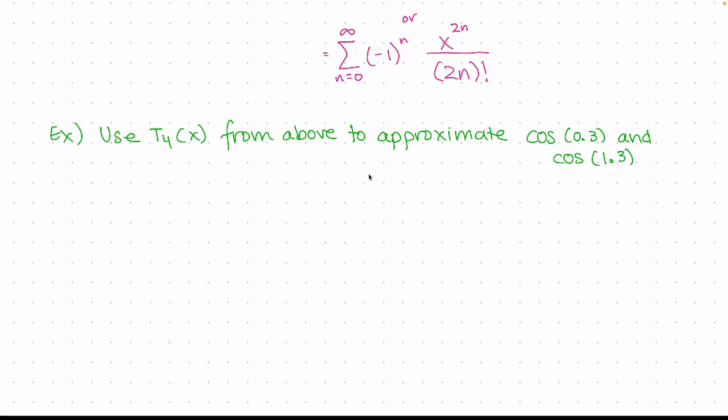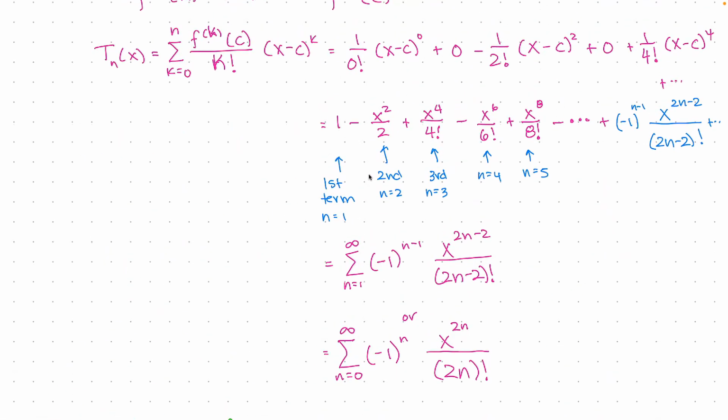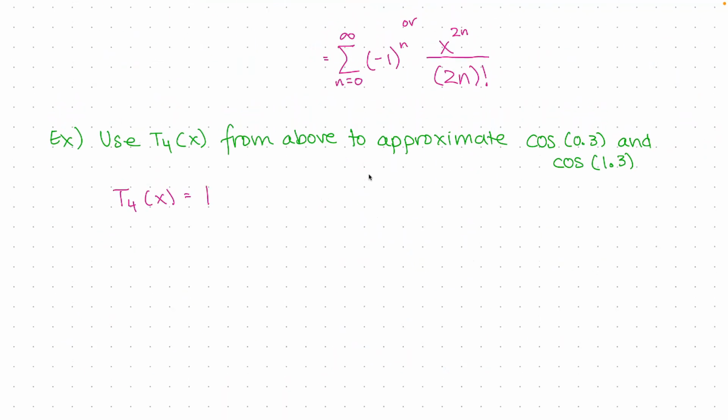So for this one, we're going to go just to the 3rd term when we're at the 4th degree. So it's 1 minus x squared over 2 plus x to the 4th over 4 factorial. You can write it as 4 factorial or as 24. Either way is totally fine, and one way is not really considered more simplified than the other.